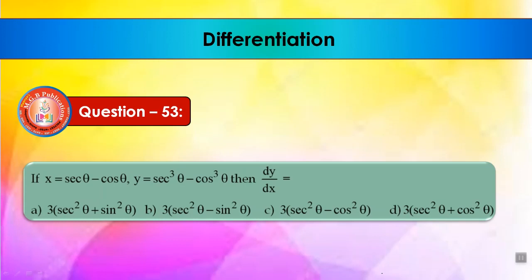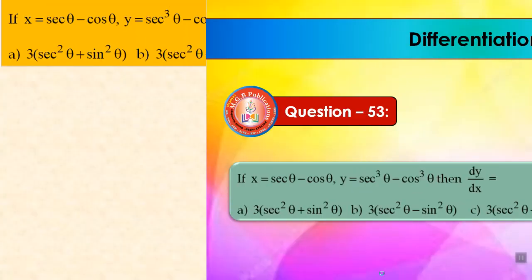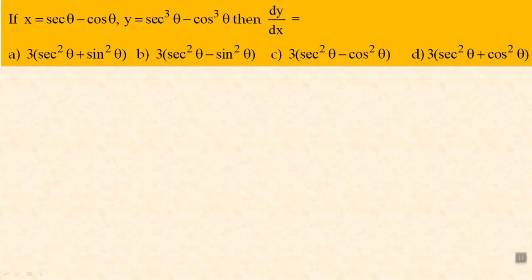Dear students, see the question number 53. Read the question and write it. The question is, if x is equal to secant theta minus cos theta, y is equal to secant cubed theta minus cos cubed theta, then dy by dx is equal to.